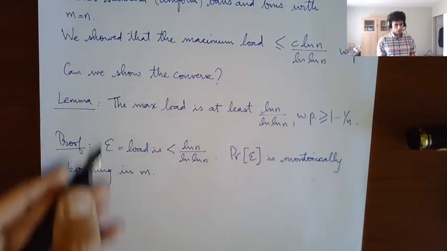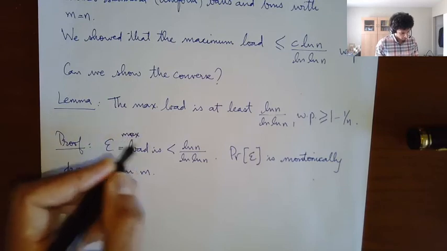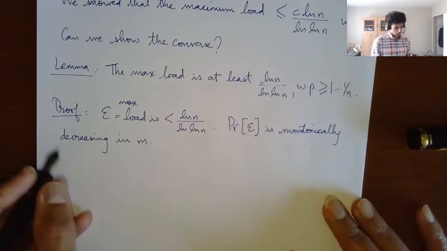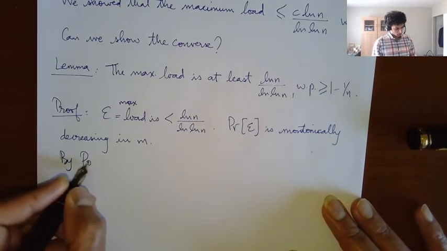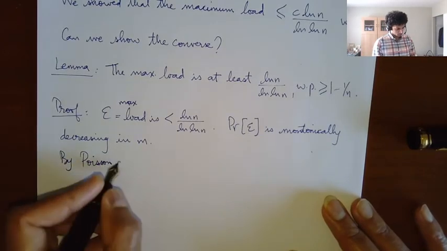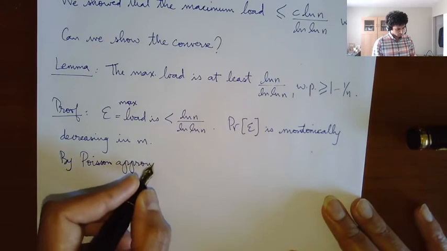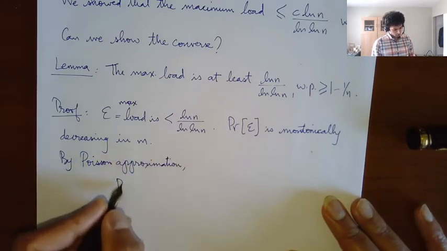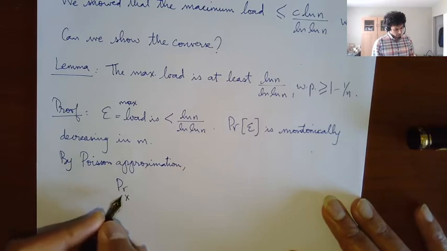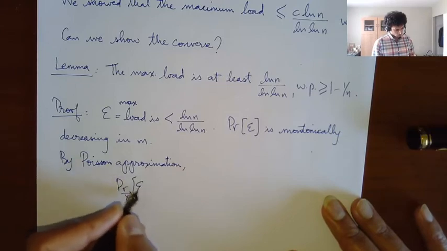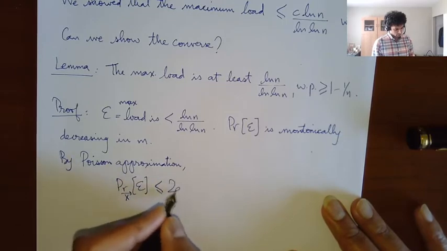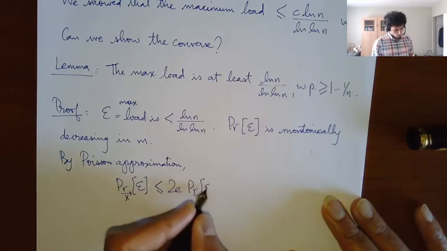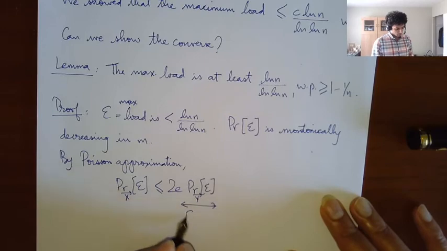So the probability that the max load is less than this is only going to decrease. Now by the Poisson approximation, the probability in the x world of E is at most 2e times the probability in the y world of E. This is going to be easy to analyze.